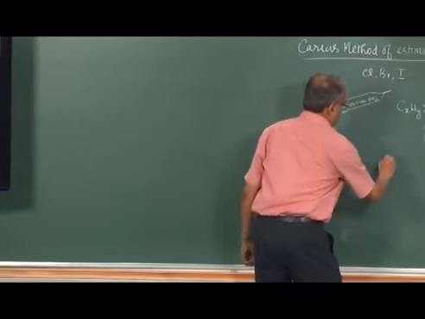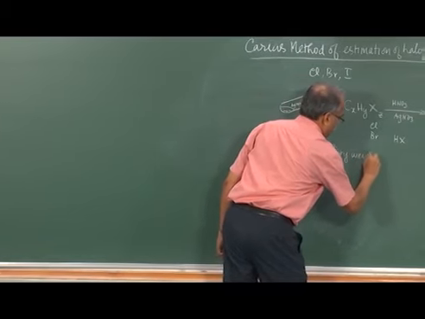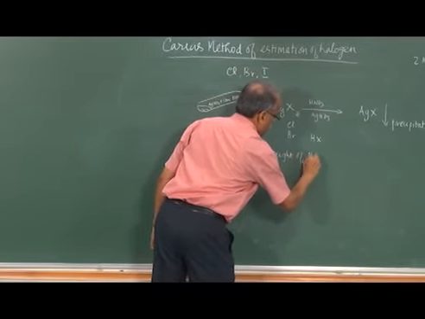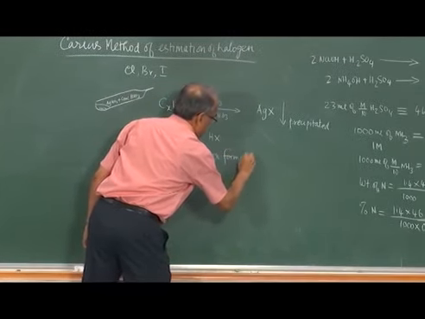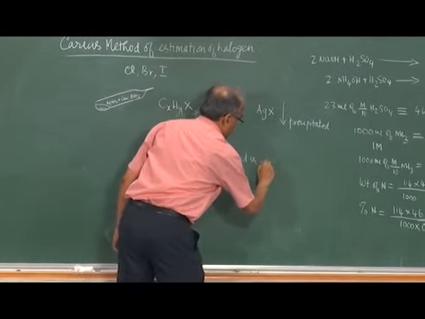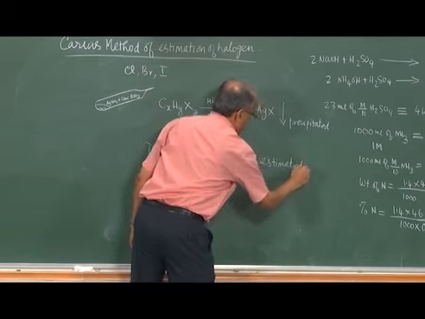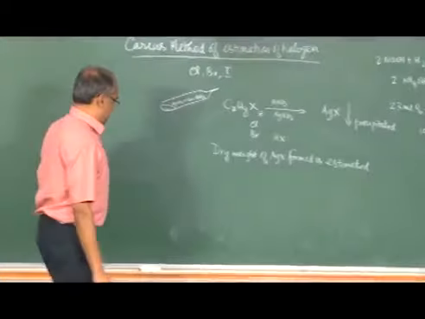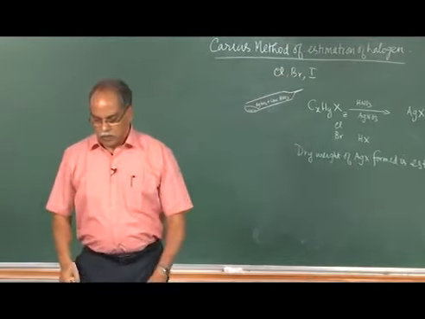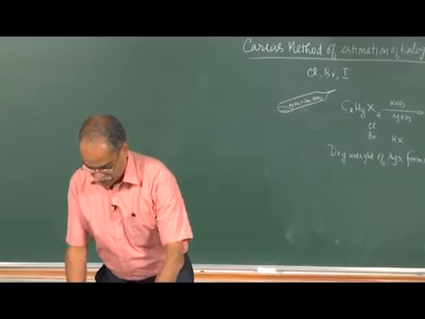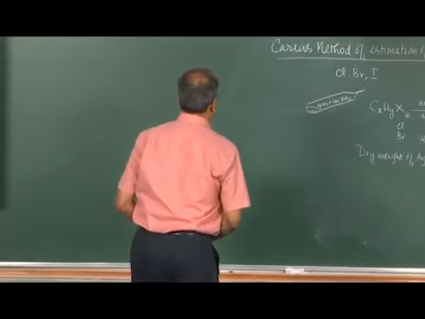So, the dry weight of silver X formed is estimated or measured. Now, we know in the case of silver salts, what is the amount of halogen that is present.